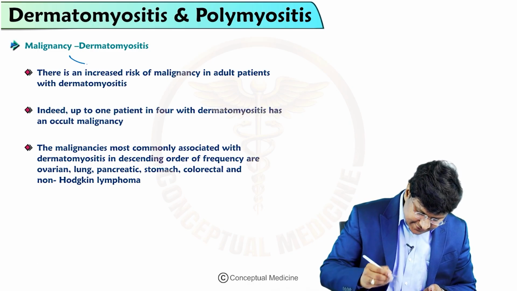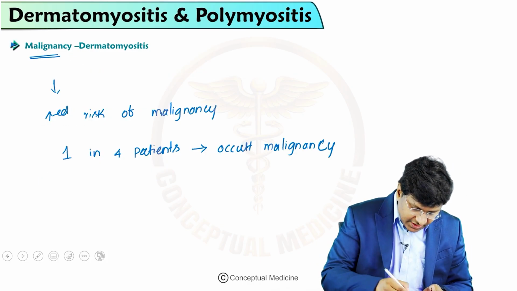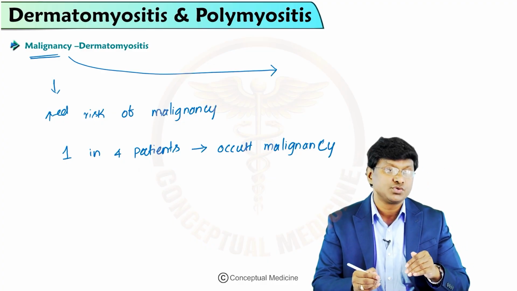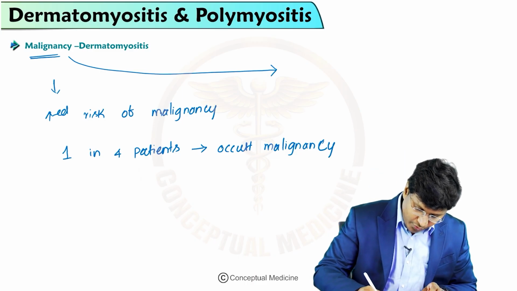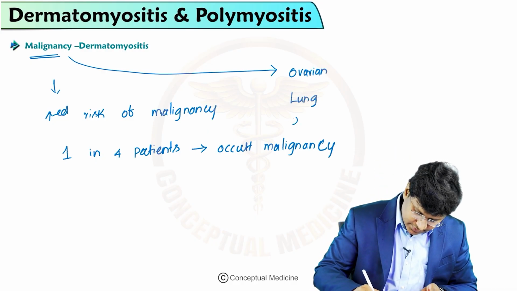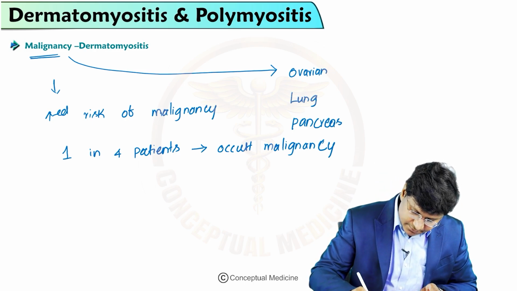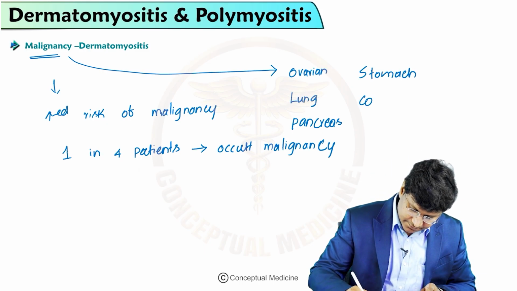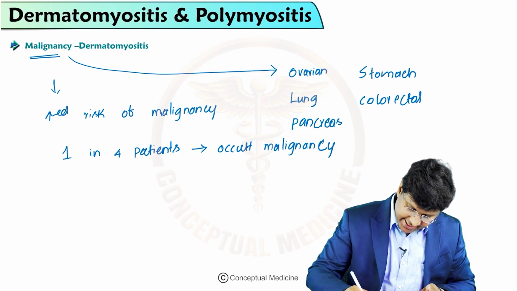And the malignancies most commonly associated with dermatomyositis, they include the ovarian carcinoma, then carcinoma of the lung, carcinoma of the pancreas, carcinoma of the stomach, next colorectal cancer, and non-Hodgkin's lymphoma.